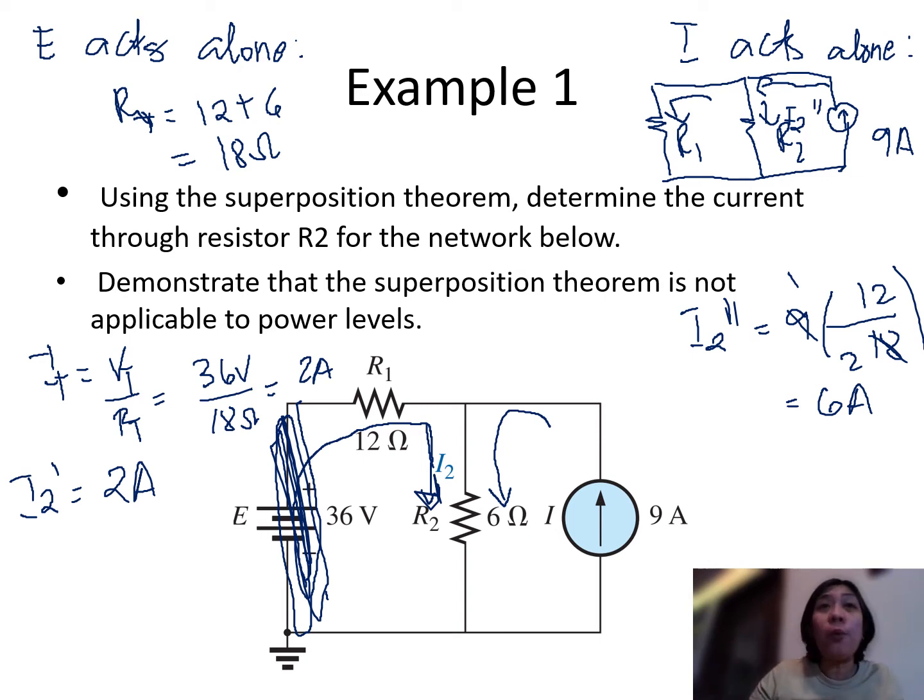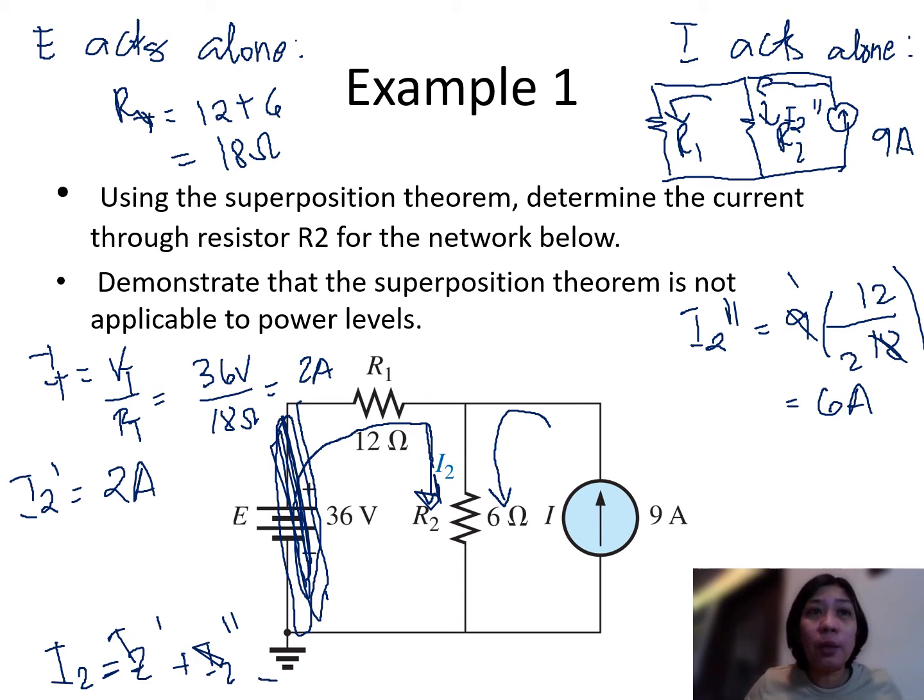Therefore, if we want to solve for I2 here, I2 is simply I2 prime, which is the effect of your E, plus I2 double prime, which is the effect of your I. Why do we add them? Because they have the same direction.